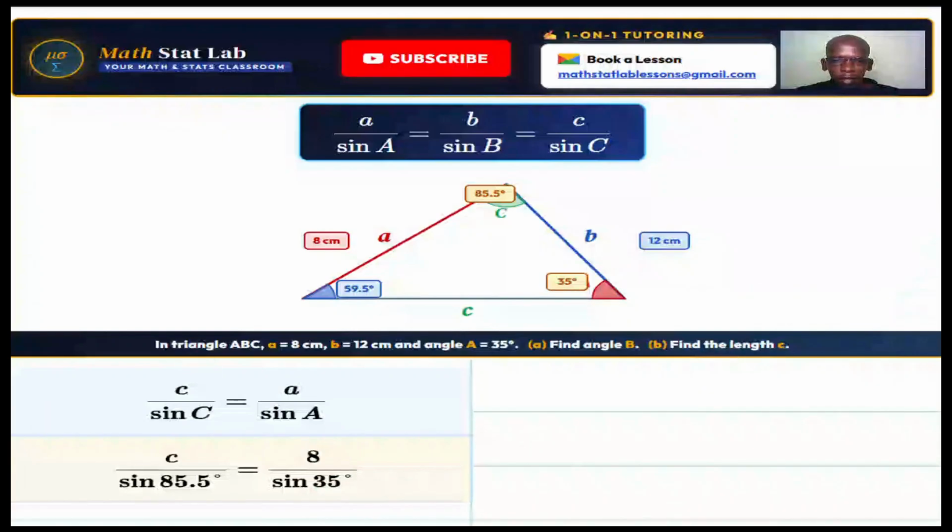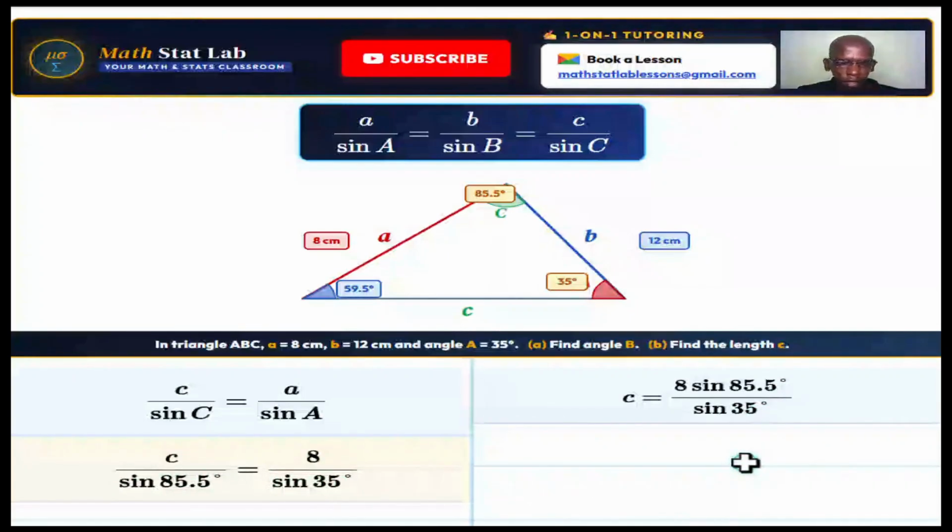Then from there, you can just cross multiply, and then C becomes 8 sine of 85.5 degrees divided by the sine of 35.